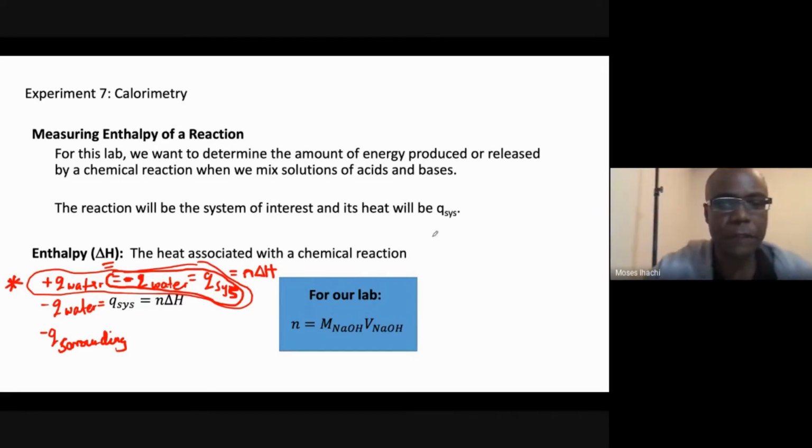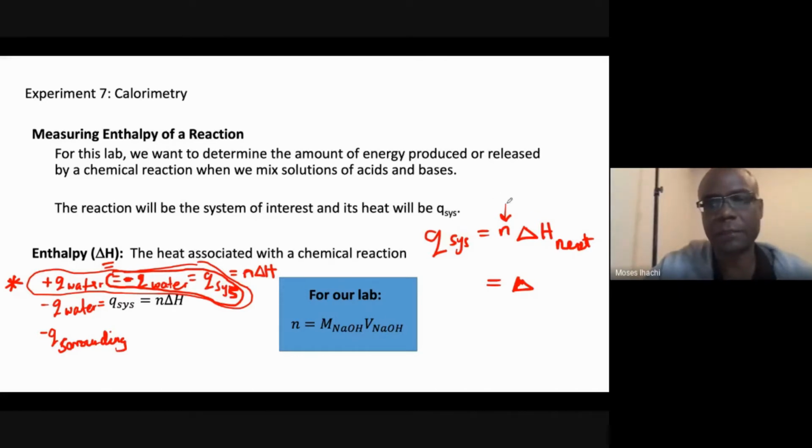So if I have Q of the system, then can I get the enthalpy of neutralization? The answer is yes. All I need to do is to divide both sides by n, the number of moles. This n is not the acronym for neutralization.